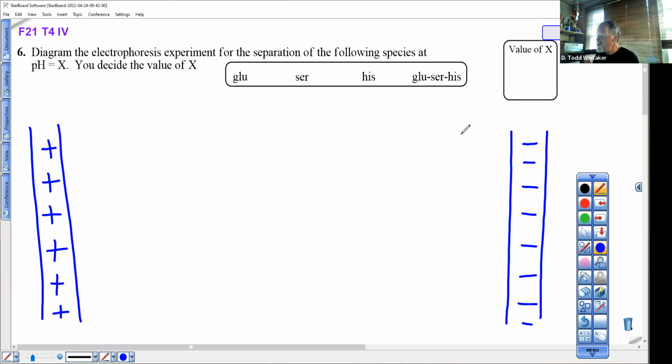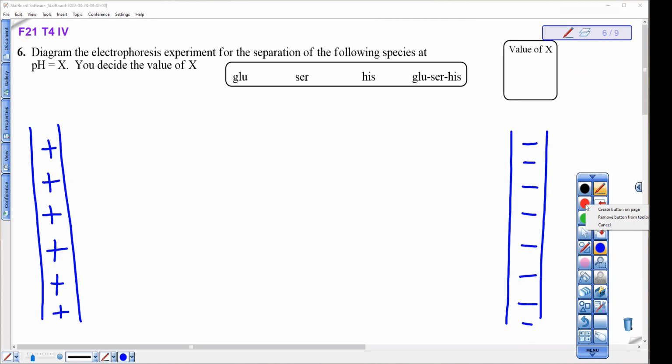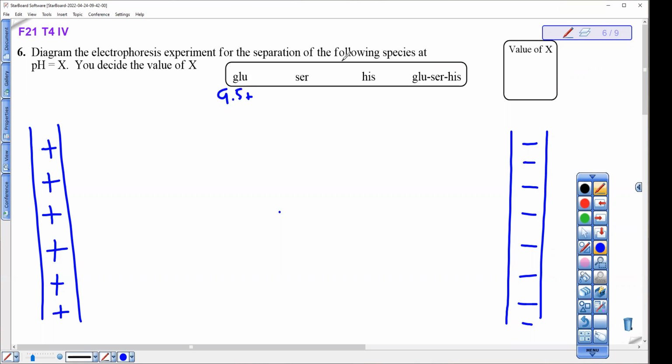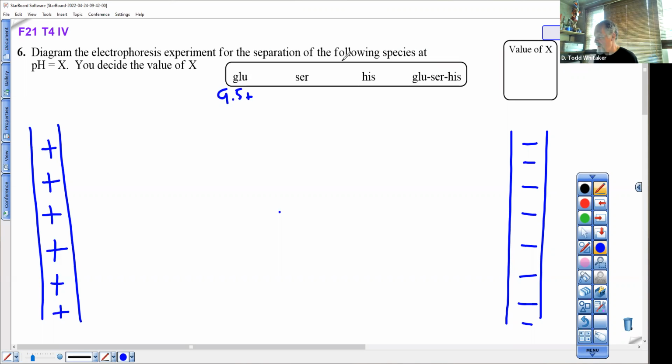For Glu, there's only two numbers for Glu, just give them to me off the handout. I need the pKa's for Glu. 9.5. 9.5 plus, what's the other one? 4.1. That's very high for a carboxylic acid.